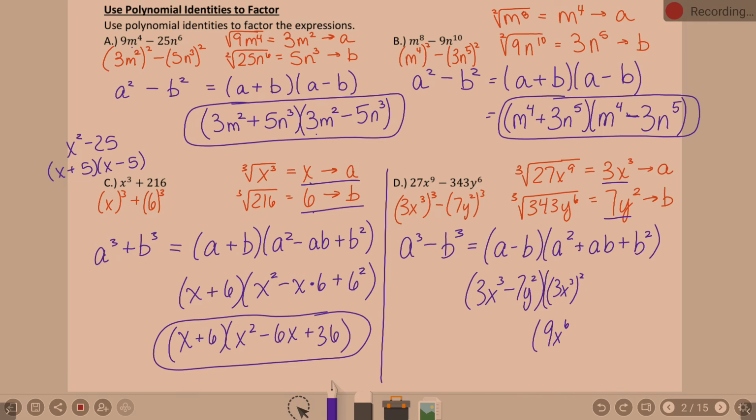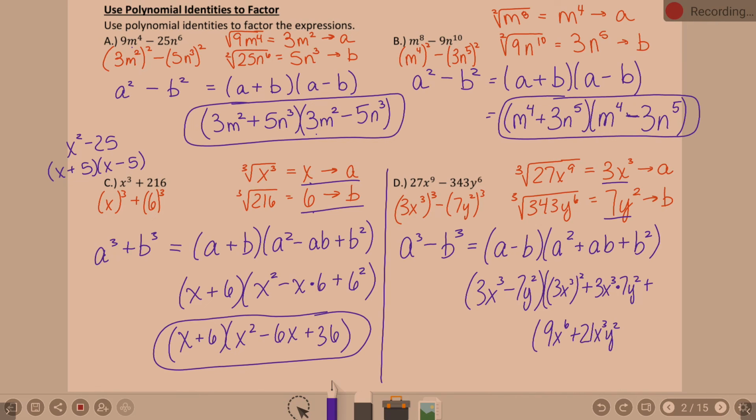Okay. Plus AB. So A is 3x cubed times B, which is 7y squared. What is 3x cubed times 7y squared? 21x cubed y squared. Plus B squared.